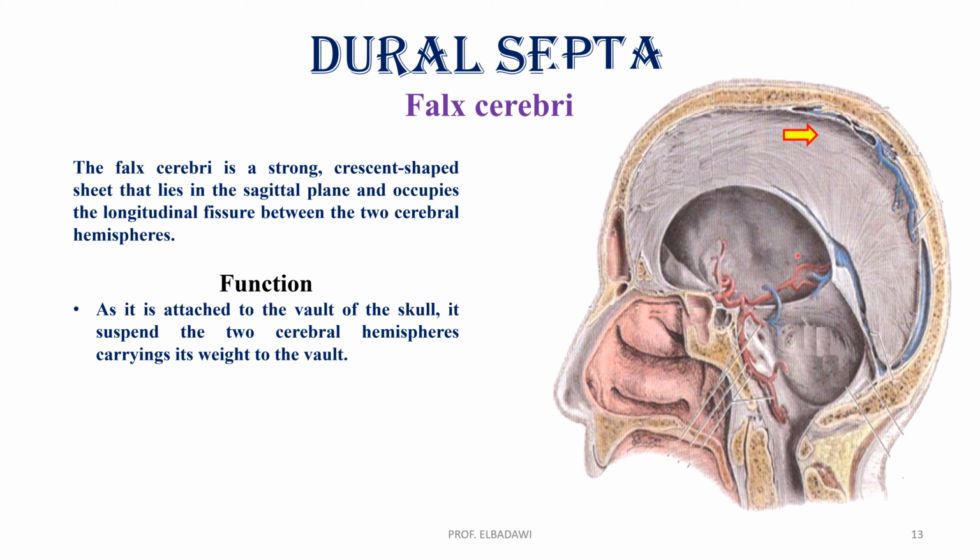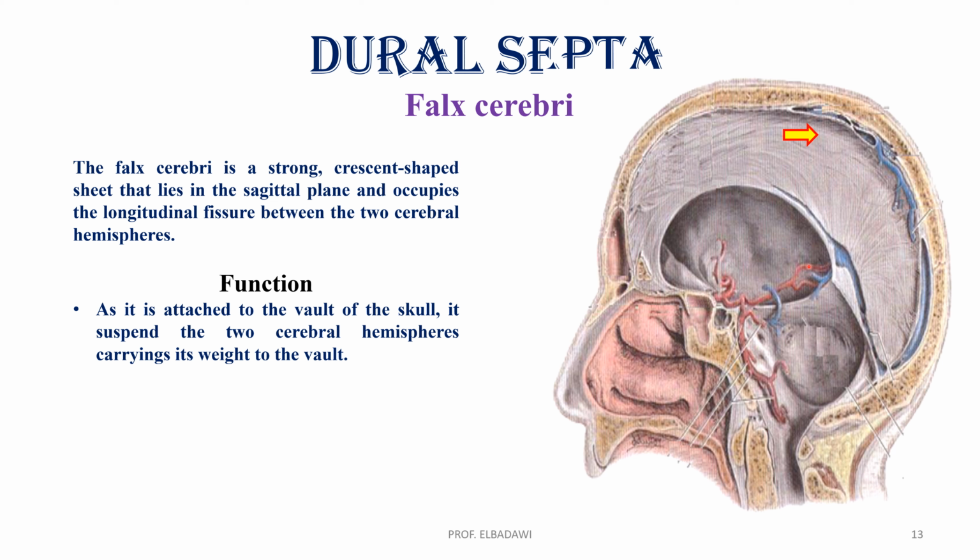So that falx cerebri is carrying the cerebral hemisphere weight, hanging them to the undersurface of the vault of the skull, preventing that weight of the hemispheres from pressing on the structures within the posterior cranial fossa. I hope this is clear.